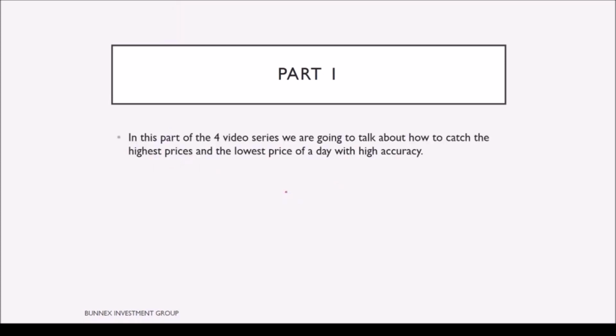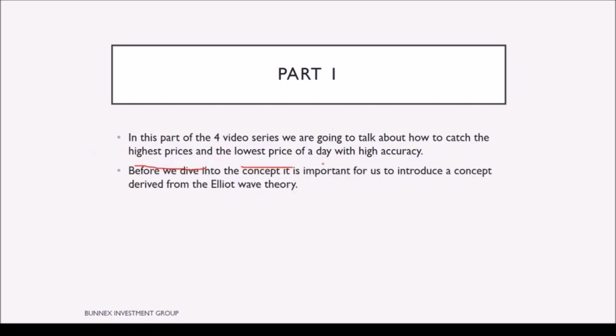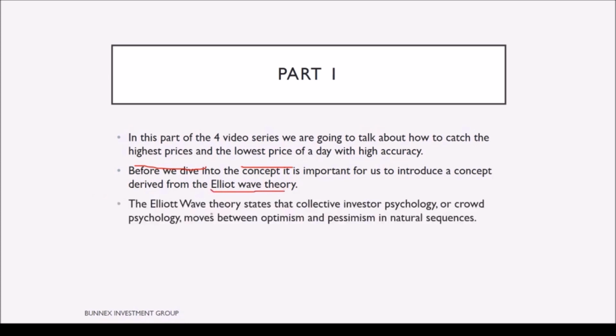So in this part of the 4 video series, we are going to talk about how to catch the highest prices and the lowest prices of a day with high accuracy. Before we dive into the concept, it is important for us to introduce a concept derived from the Elliott wave theory. The Elliott wave theory states that collective investor psychology or crowd psychology moves between optimism and pessimism in natural sequences.